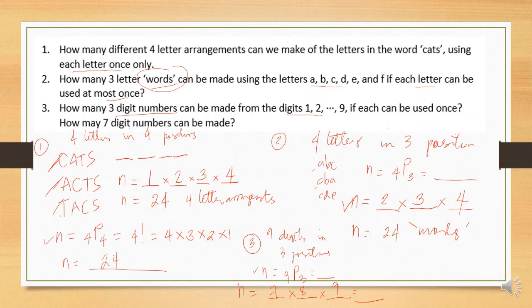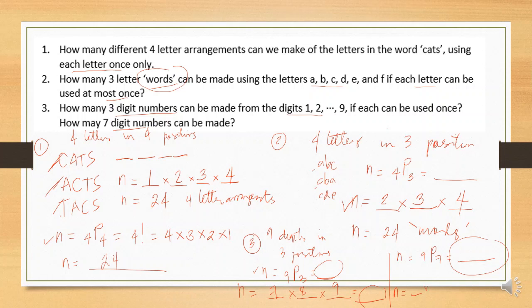Okay? How many 7-digit numbers can be made? So, 7 digits, we have 9 permutation 7. Okay? In our quiz or in your homework, please fill this up. I do not have the calculator kasi. So, 7 positions, 9 digits.